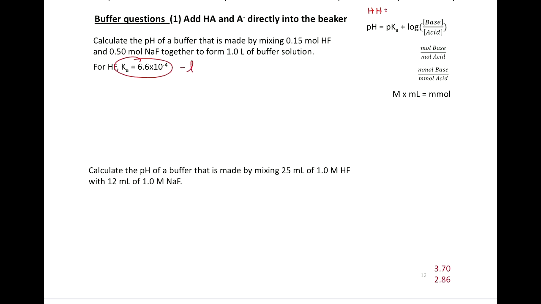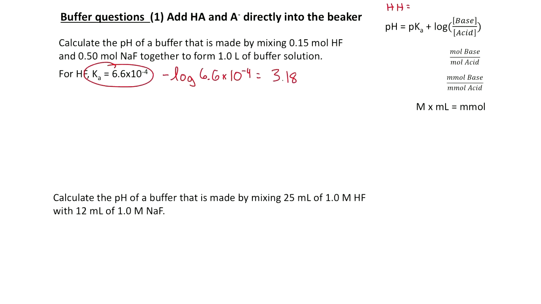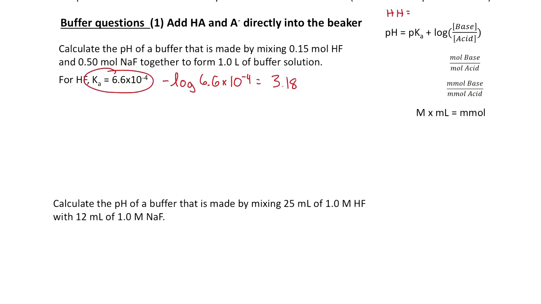So if you negative log 6.6 times 10 to the negative 4, you get that the pKa is 3.18. Perfect. Okay, so let's calculate the pH of a buffer that is made by mixing 0.15 moles of HF and 0.5 moles of NaF together to form 1 liter of solution.